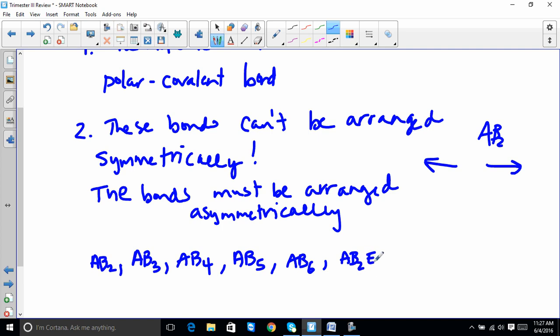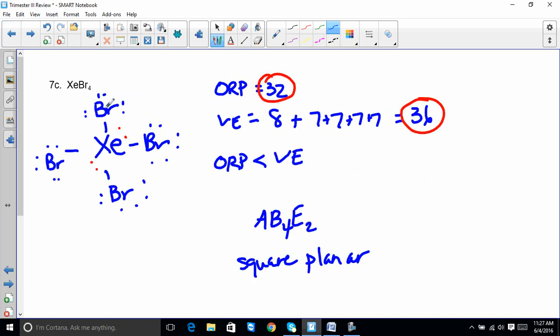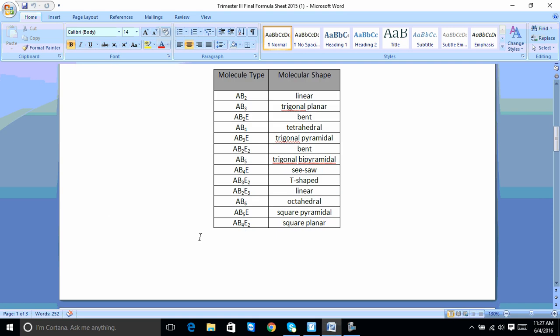This is the linear. And then just keep in mind lines are symmetric. And then AB4E2, which is square planar. Let me go back to this picture. This is what happens. This bond, this shift and this shift would cancel, and this shift and this shift would cancel, and this unshared pair and this unshared pair would cancel. And that's if you want to think about it that way.